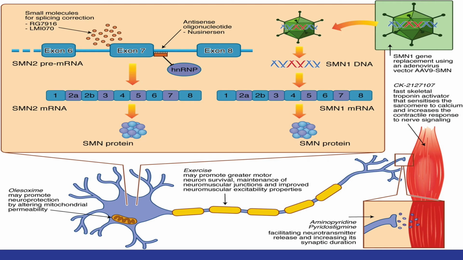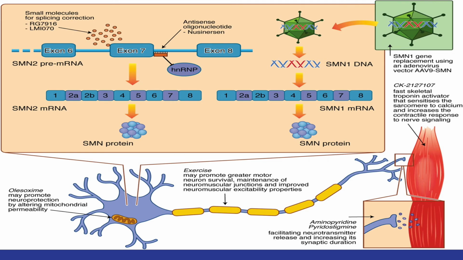This diagram is a visual representation of the different mechanisms by which nusinersen and Zolgensma increase the amount of SMN protein in the motor neurons. So if you look on the top left, nusinersen relies on periodic injections of an antisense oligonucleotide to boost the SMN protein production from the SMN2 gene by altering the splicing sequence of the pre-mRNA and preventing the splicing of exon 7.